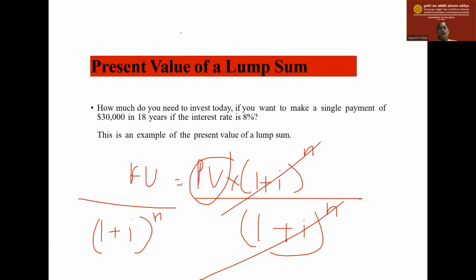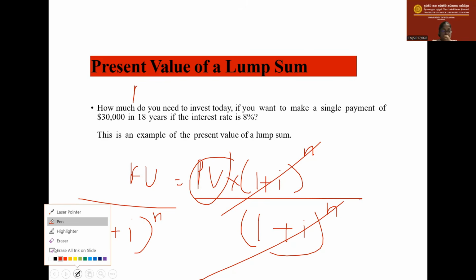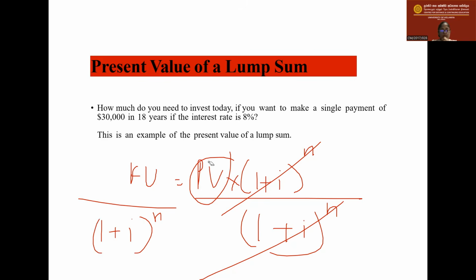Therefore, what would be the present value formula? PV equals FV divided by (1 + i)^n, right?